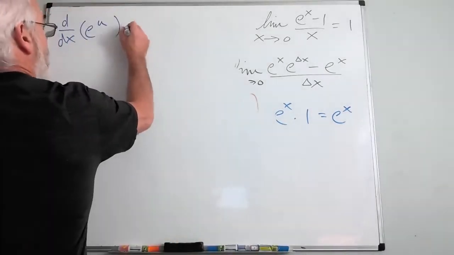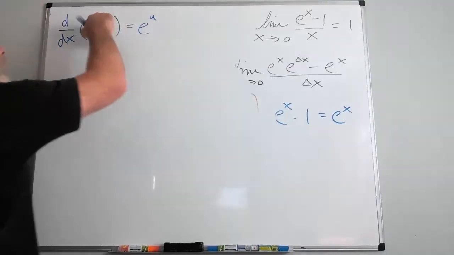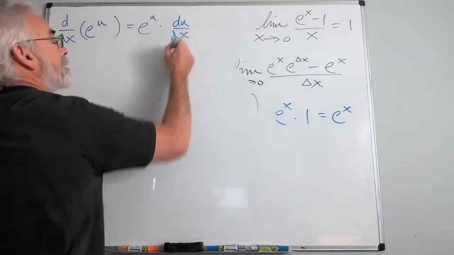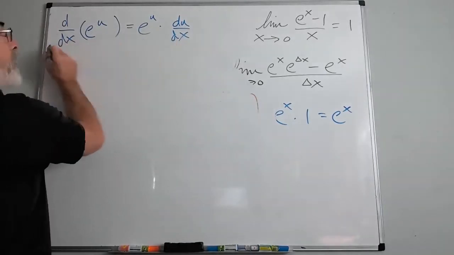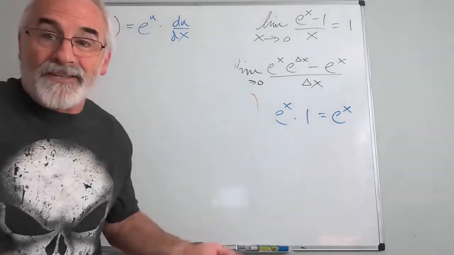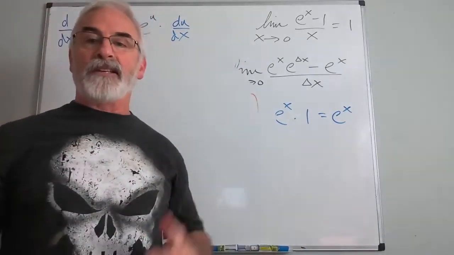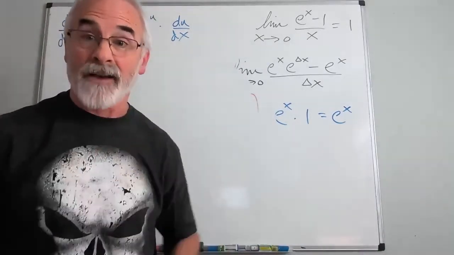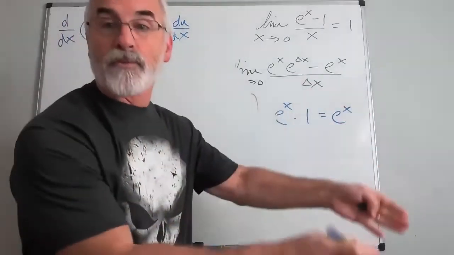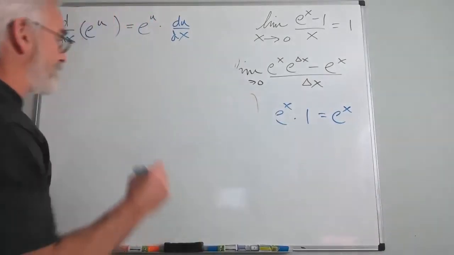Well, it's the same thing. It's e raised to the power. Oh, but I always have the chain rule factor. So this is the formal form that you will always see. Now, if I just have e to the x, its derivative is e to the x. But what if I have e to the thing? And the thing is not an x. Then the derivative is e to the thing times the derivative of the thing. So let's look at that one.